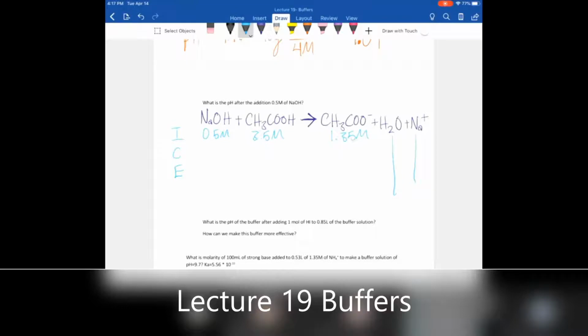And you don't count these. They don't really affect anything. They're spectators. So you're going to subtract 0.5 molar from the reactants. Oh yeah, technically it's not ICE table, it's SRF. And add 0.5 molar to the product.